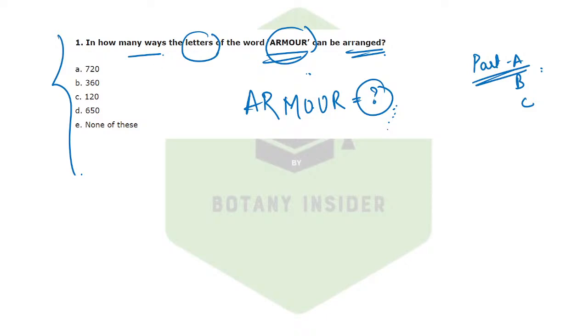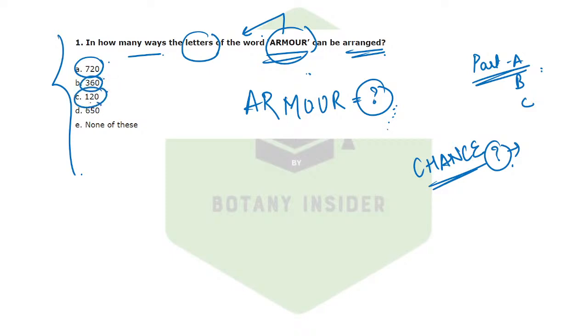In the examination, a similar question was asked: they gave the word CHANCE and asked in how many ways you can arrange it. So the concept will be similar. Let's understand how to solve this type of question. The first option is 720, then 360, then 120, then 650, and the last option is none of these.